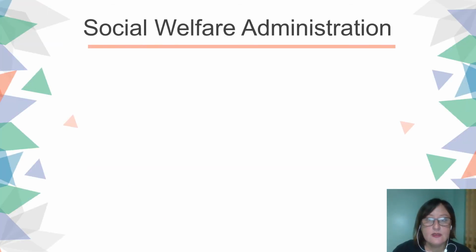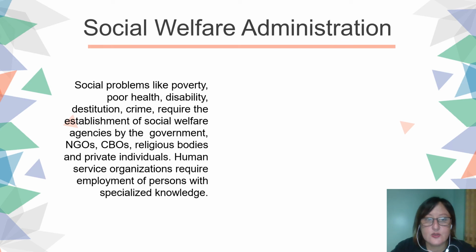Now we proceed to the second method, and that is the social welfare administration. As you are aware, mga social problems like poverty, poor health, disability, crime, and child abuse, for example, these social problems require the establishment of social welfare agencies.